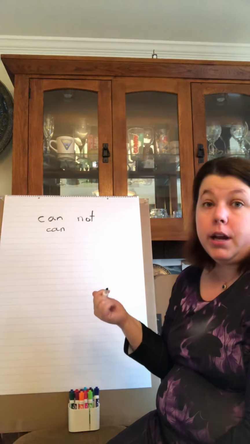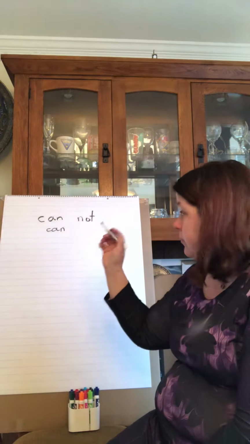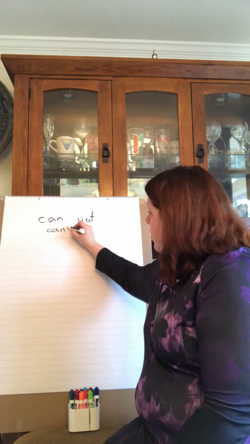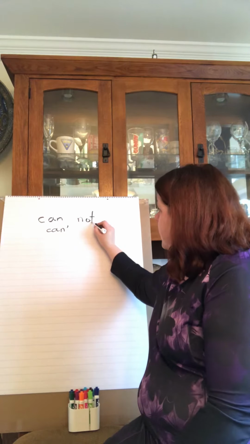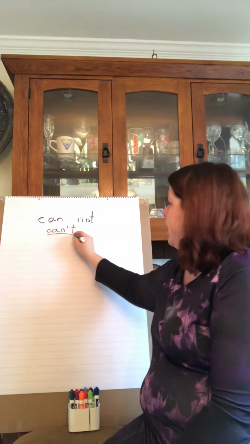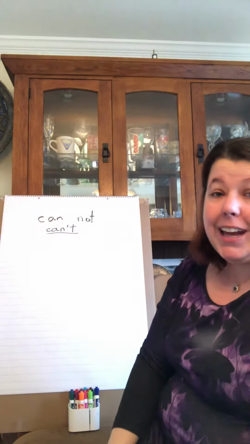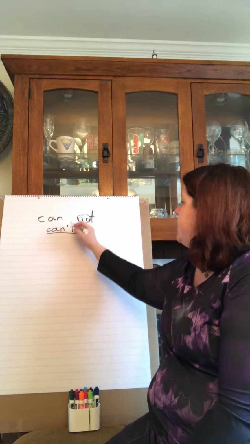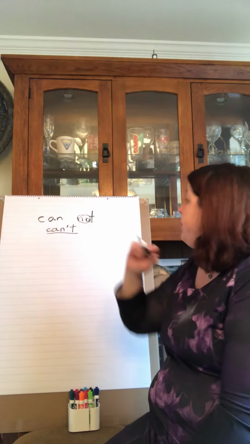And then we're going to put an apostrophe, which is just a little squiggle mark in the sky. And then we're going to add that T. Can't. I can't go outside because it's raining. We took these two letters and replaced them with an apostrophe.